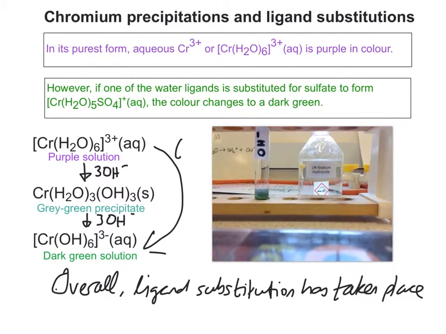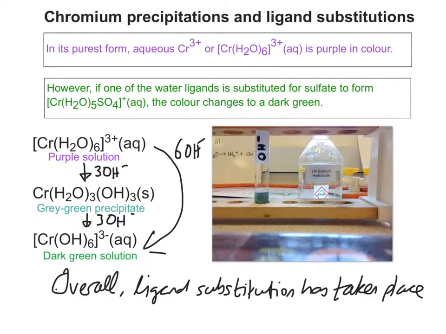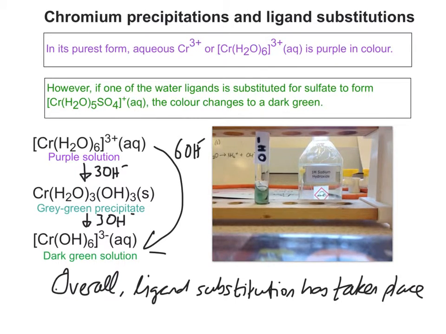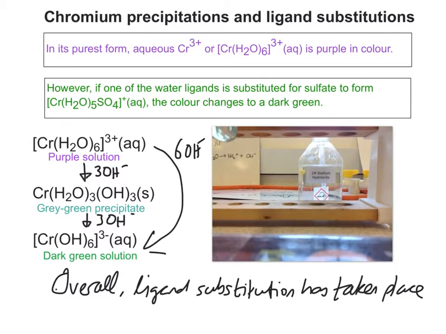And eventually, on addition of excess OH- in the form of 6 OH- ligands, you get a dark green solution right at the end. So overall what's happened is that ligand substitution has taken place.